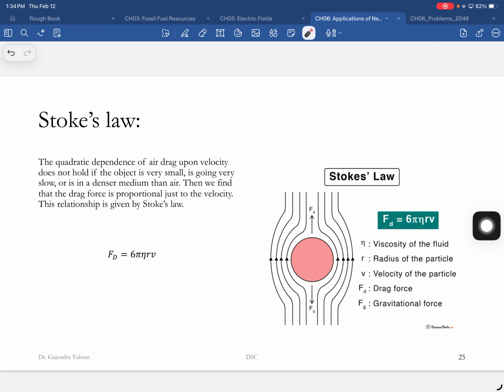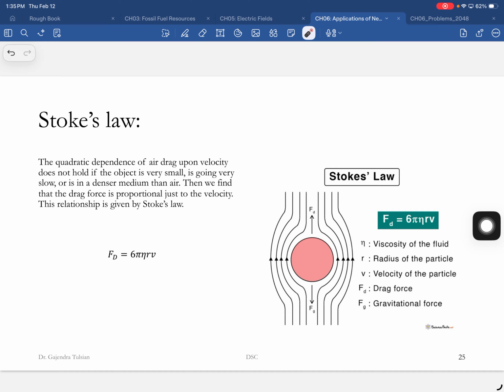All right, when small objects are falling through air, then the drag force is proportional to the velocity. The quadratic dependence of air drag upon velocity does not hold if the object is very small, is going very slow, or is falling in a denser medium. So if you drop a marble in water or oil, then the drag force is proportional to the velocity.